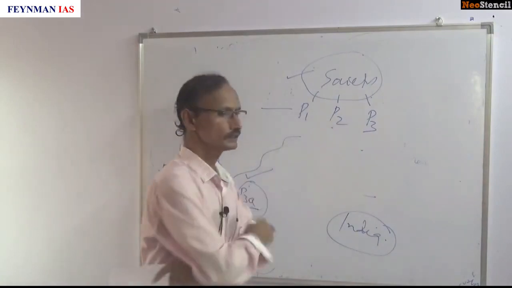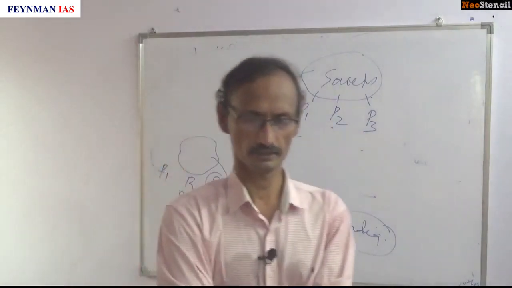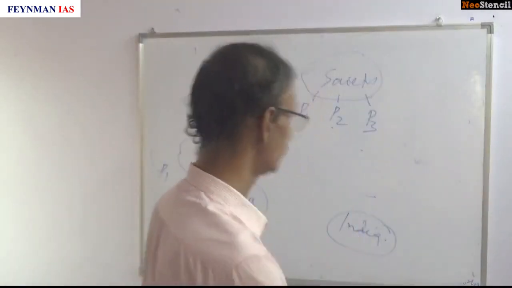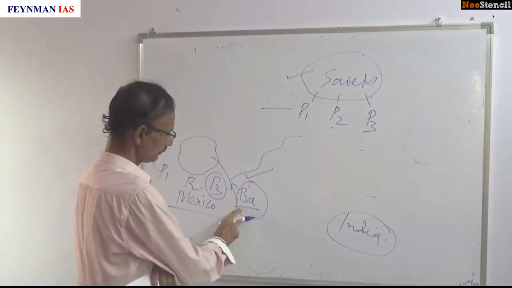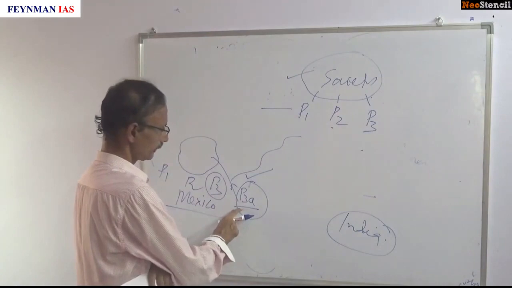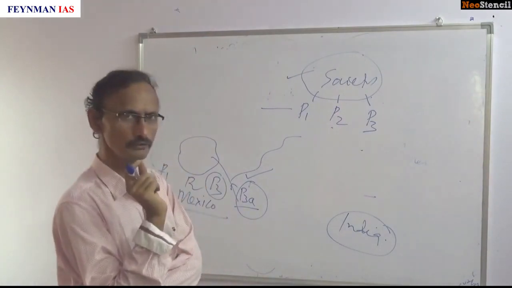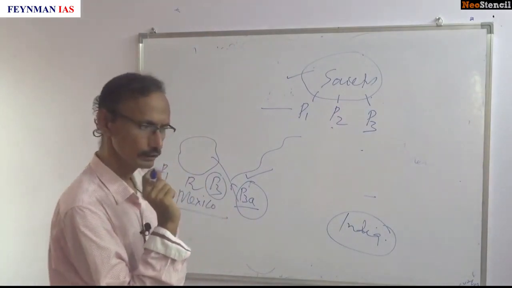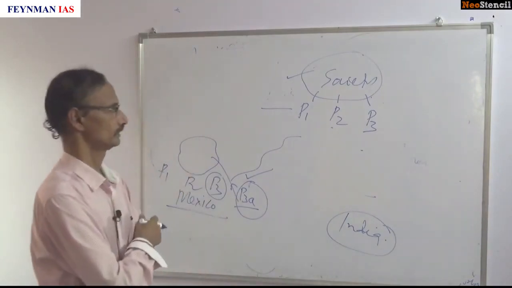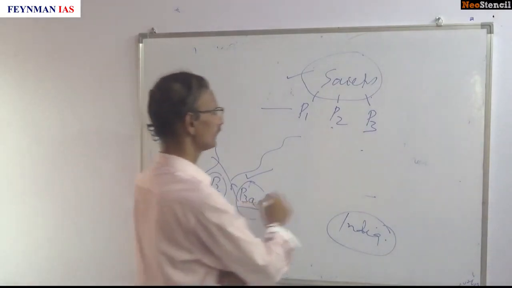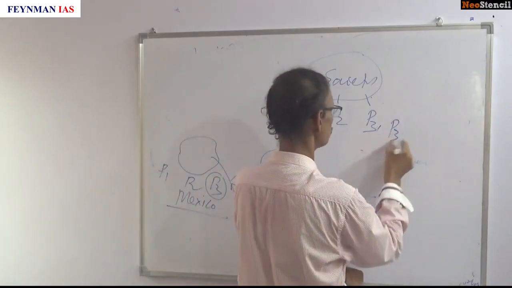Then somebody studying in India. If sociology book writers, or you call them sociologists, think that P3A has some useful thing to add to the discipline outside Mexico, then the textbook will add P3 variation P3A.